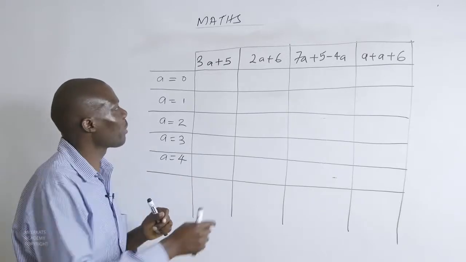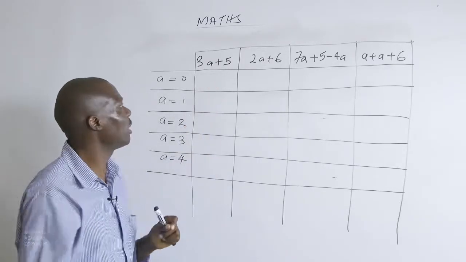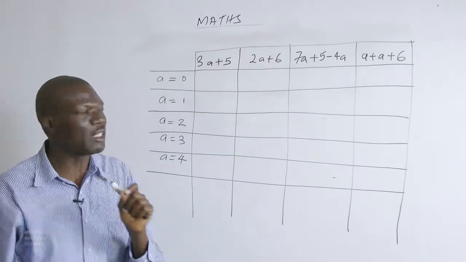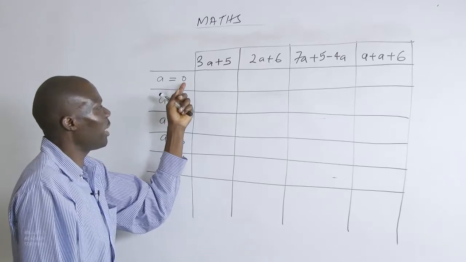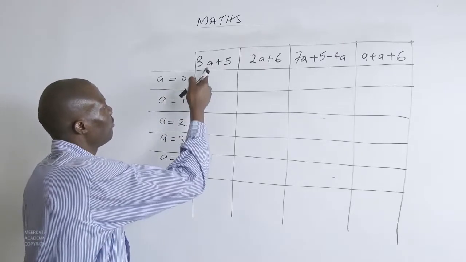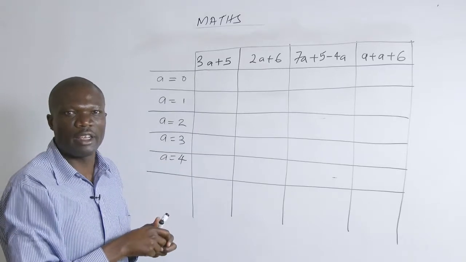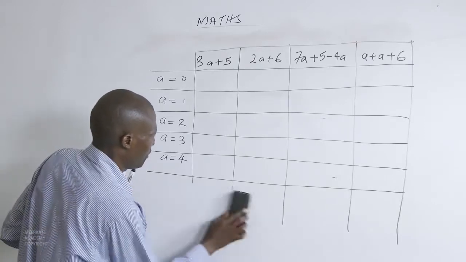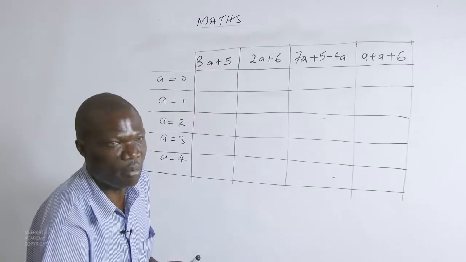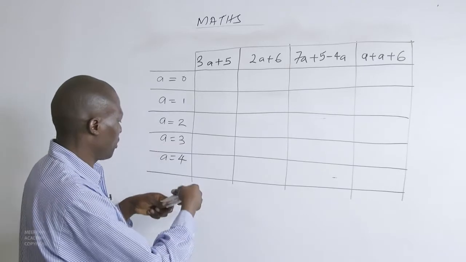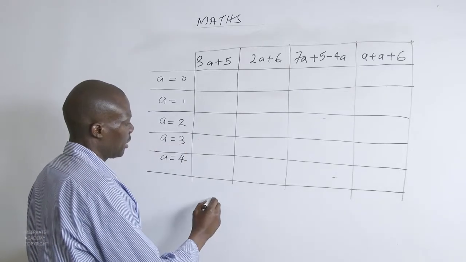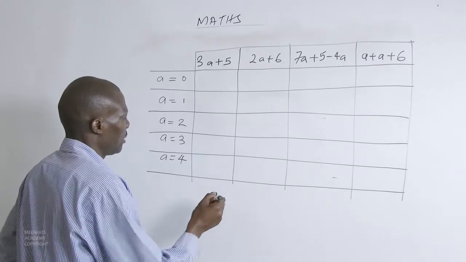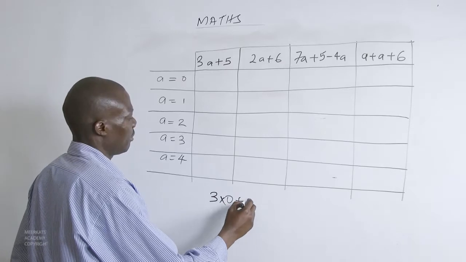For example, looking at the first one here, 3a plus 5. In this first row, if a is 0, then we shall substitute our a the way we did in our previous class, where we have 3 multiplied by a, and a is 0, then plus 5.